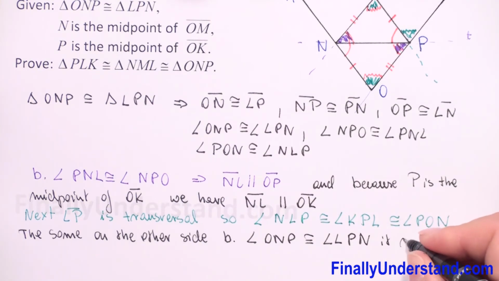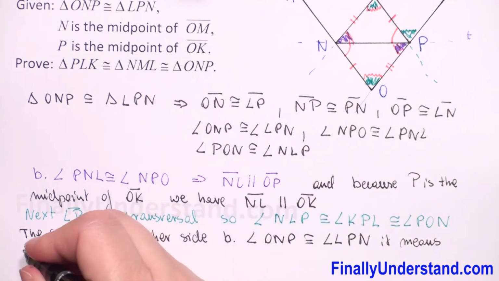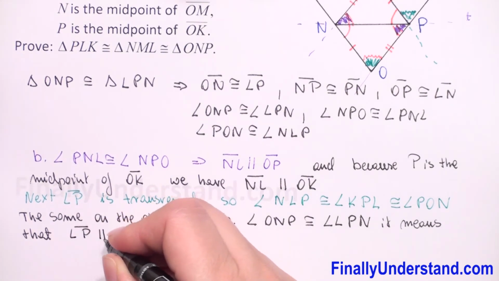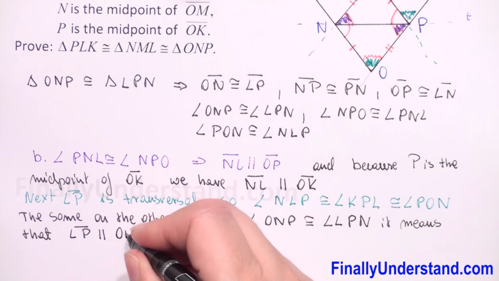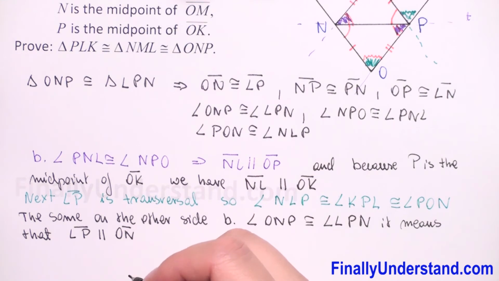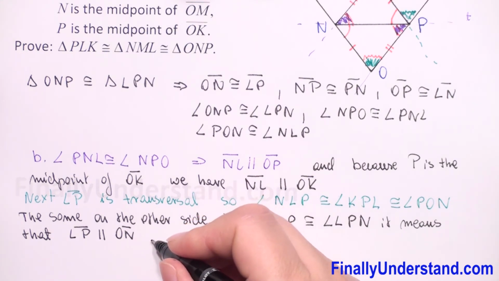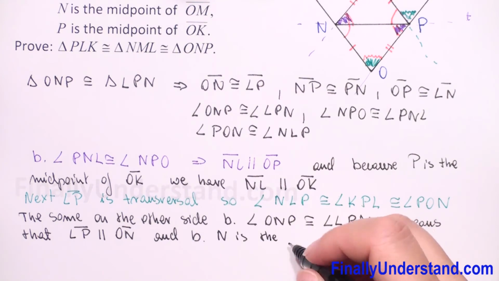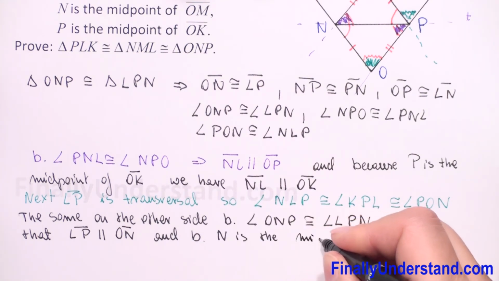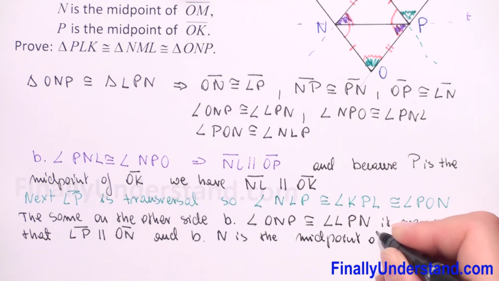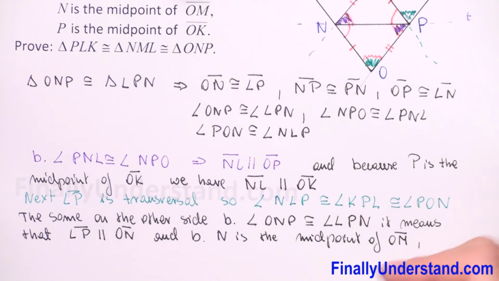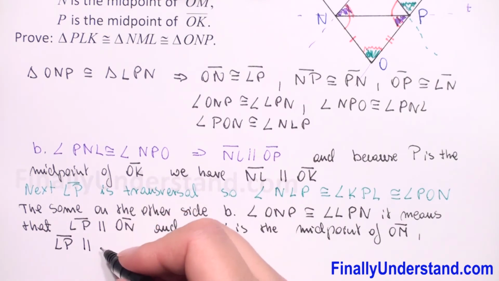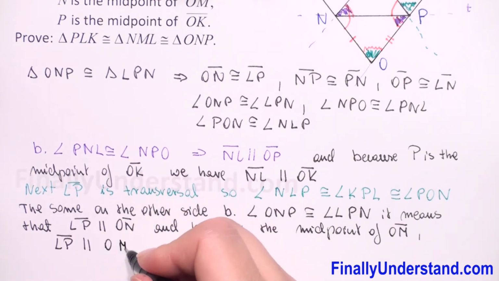It means that LP is parallel to ON segment, and because N is the midpoint of OM segment, it means that LP is parallel to OM segment.